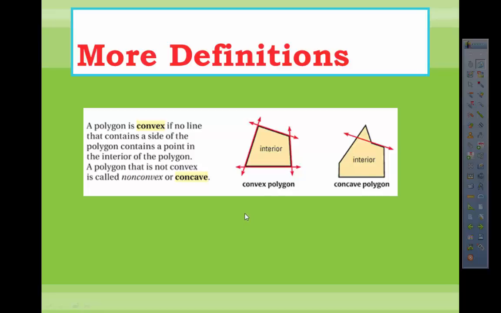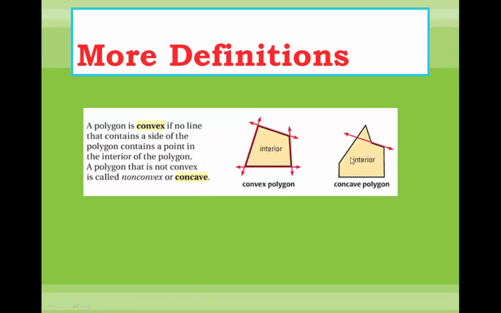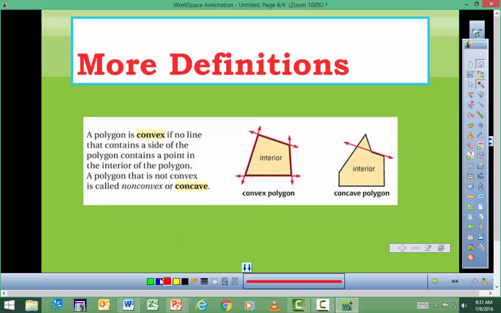Now, in geometry, we mainly deal with convex polygons, but we'll also talk about concave ones. And you want to be able to discern whether it's convex or concave. Alright? And I'll give you a quick way to determine this.